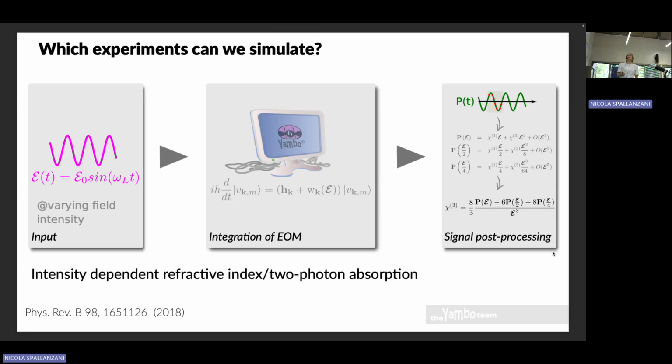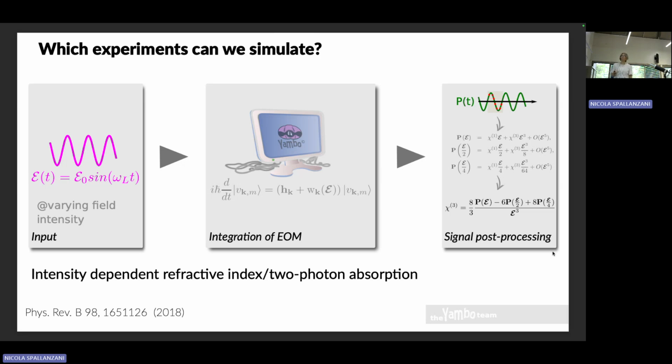Another thing that one can calculate, for example, is the intensity-dependent refractive index or two-photon absorption. You can do the same experiment as for the second and third harmonic, but you vary the field intensity. Then you can use some extrapolation to get, for example, the third-order contribution at the fundamental frequency.